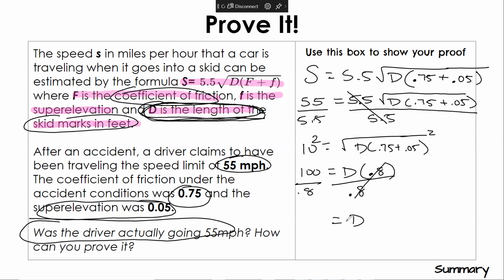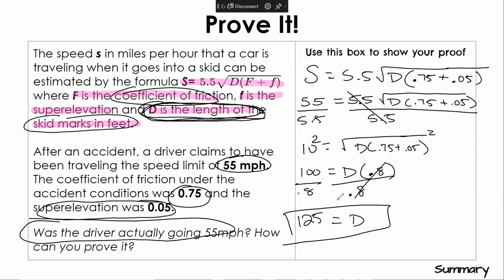And so d is going to equal 100 divided by 0.8, which is 125. This man skidded for 125 feet.